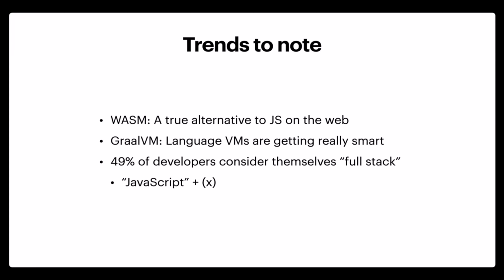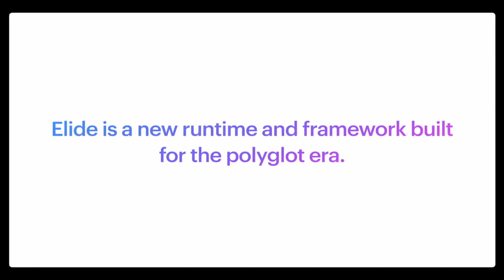We see all of these trends as kind of adding up to one thing. And on that note, Elide is a new runtime and framework built for the polyglot era, where using multiple languages together isn't so painful. And especially in backend languages like JVM and Python and Ruby, using things like JavaScript is much easier and more native.